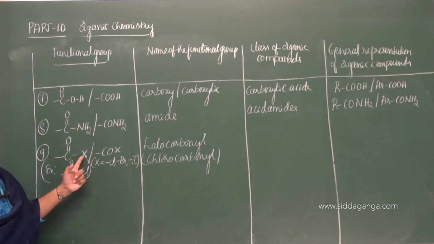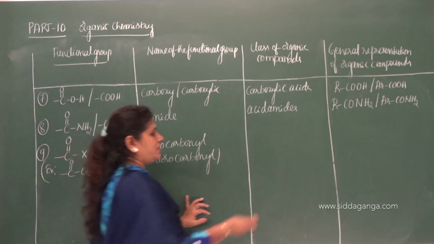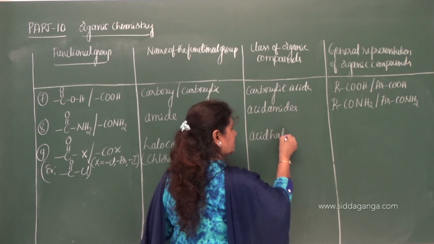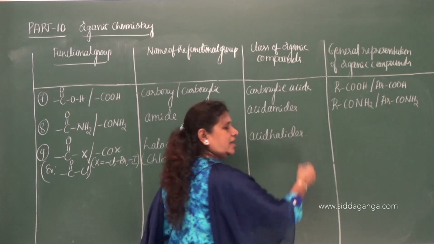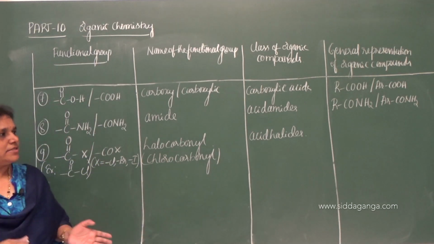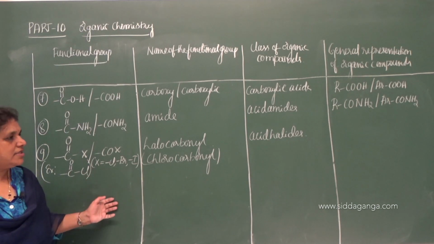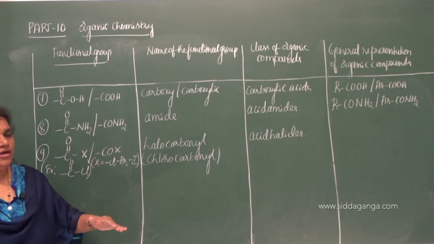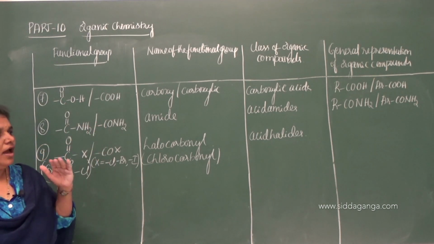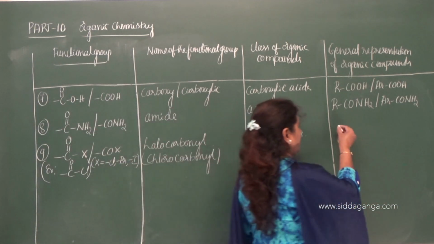Look here, this is an acid, C double bond O OH. OH is replaced by halogen. Then the compounds are called acid halides. If chlorine is there, it is acid chloride; bromine, acid bromide; iodine, acid iodide. So halogen derivatives of carboxylic acids are called acid halides. How to represent?